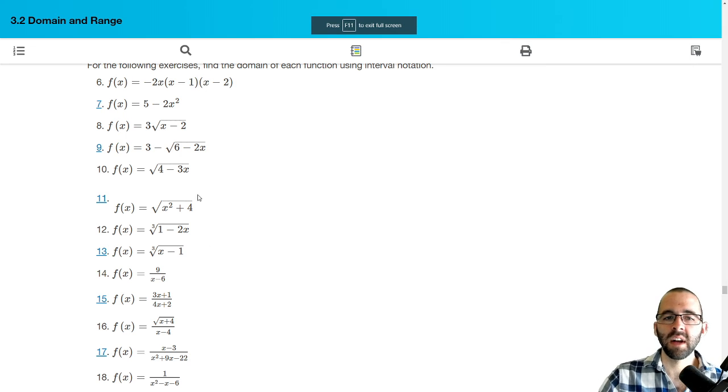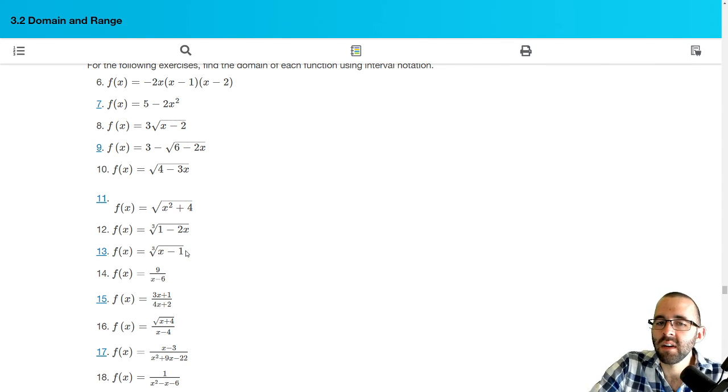And that should make sense, given what we know about cubed roots. Remember that one of the big things that we talked about in 930 was radicals. If there was an even index, like a square root, then if the inside was negative, it was not real.